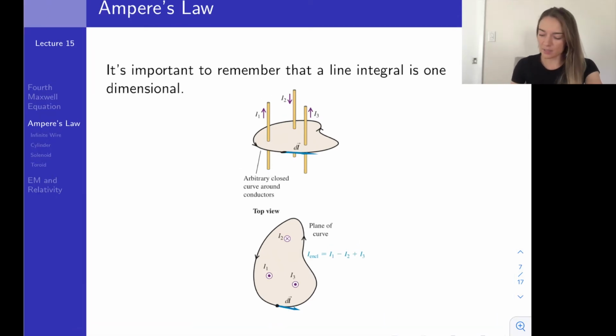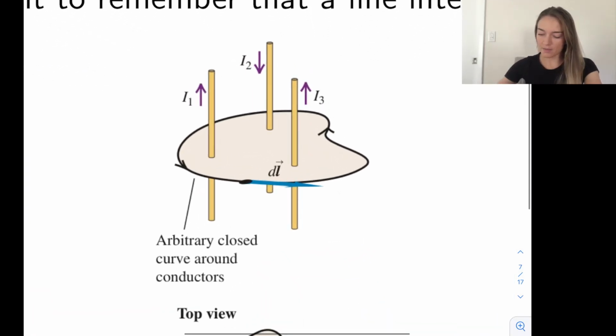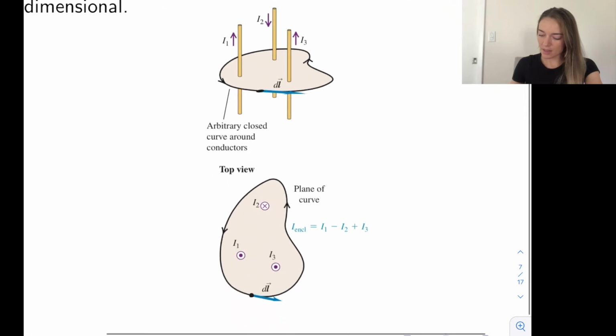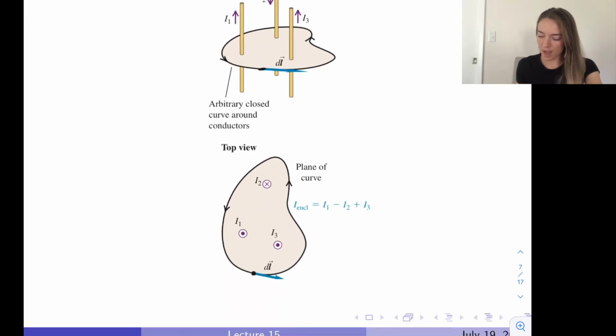So in the case of Ampere's law, let's say we have three current carrying wires here. We've got I1 and I3 going upwards, and I2 is going in the opposite direction, downwards. If we draw some arbitrary path around them, like this, the current enclosed in this cross section is going to be equal to I1 minus I2 plus I3.